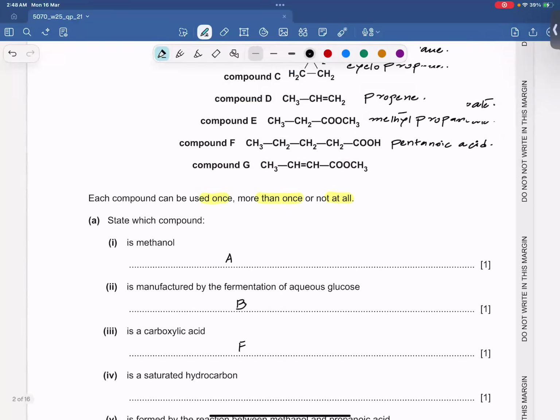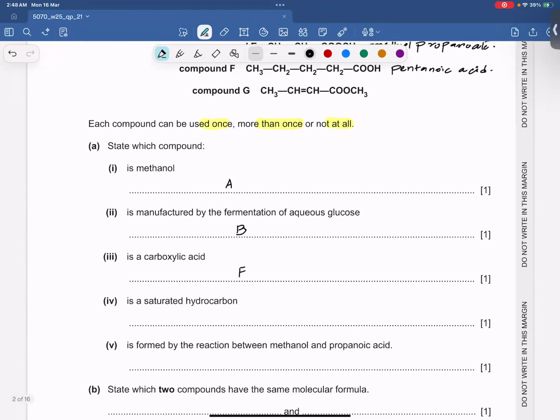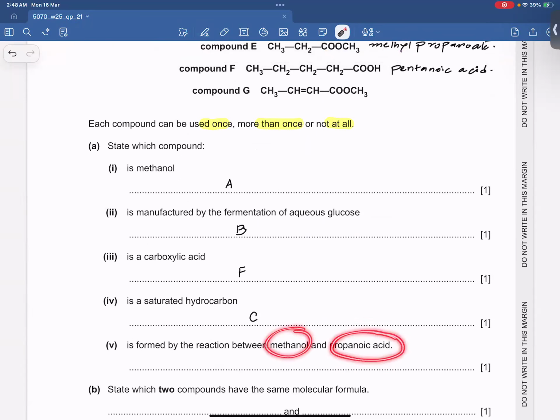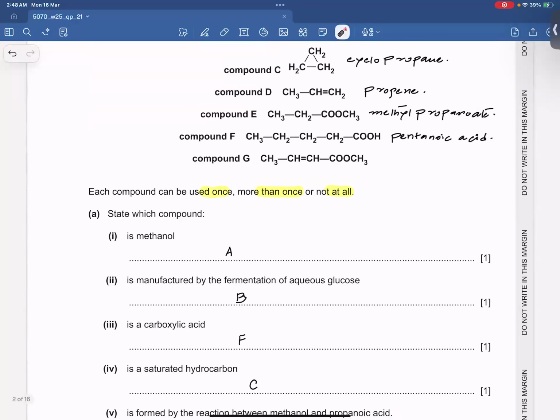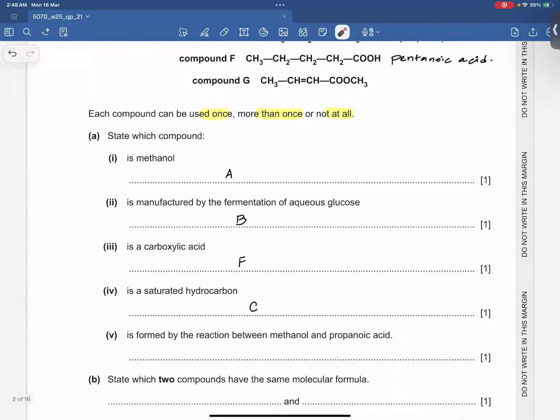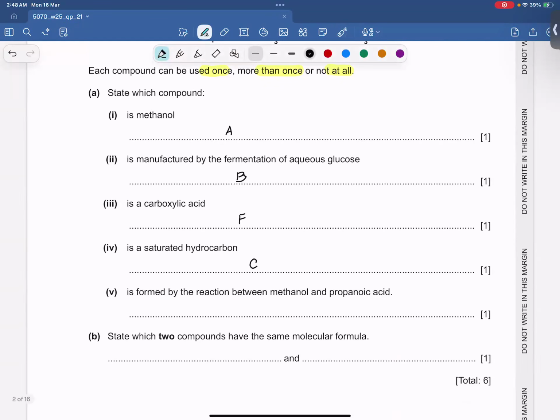It's cyclopropane, which is basically C. Which is formed by the reaction between methanol and propanoic acid? Whenever any alcohol reacts with any acid, esters are always formed. So when we say methanol and propanoic acid, obviously methyl propanoate is going to be the ester. So compound E is the right answer in this part.